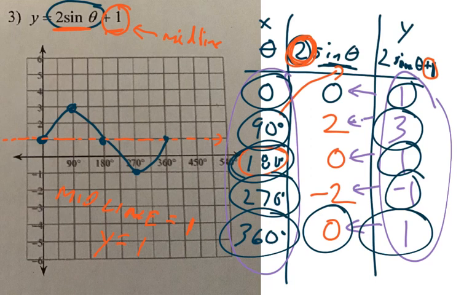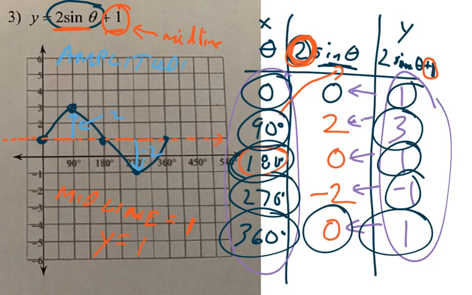Remember that. Guys, now what else can we learn? Notice from the midline, I go up that certain amount, which happens to be 2. Over here at 270, I went down to negative 2, right? Technically negative 1, but I went down a value of 2, right? What is our amplitude?